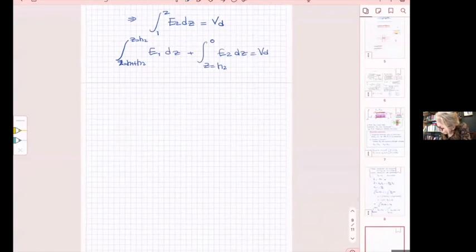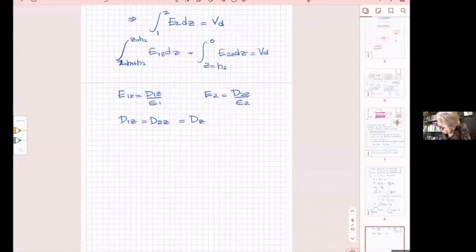What is E1? E1 is D1 over epsilon 1, and E2 is D2 over epsilon 2, but they're all along the Z direction. So I'll put them here. And D1Z equals D2Z equals D sub Z.